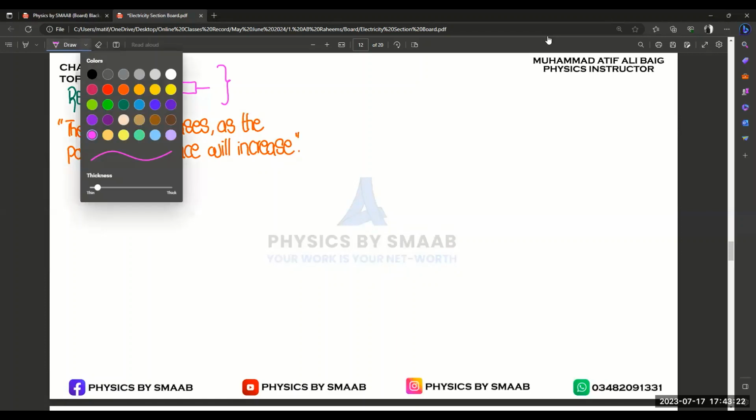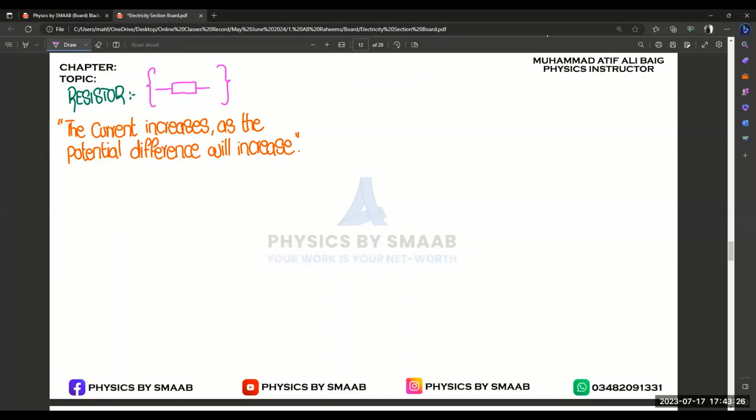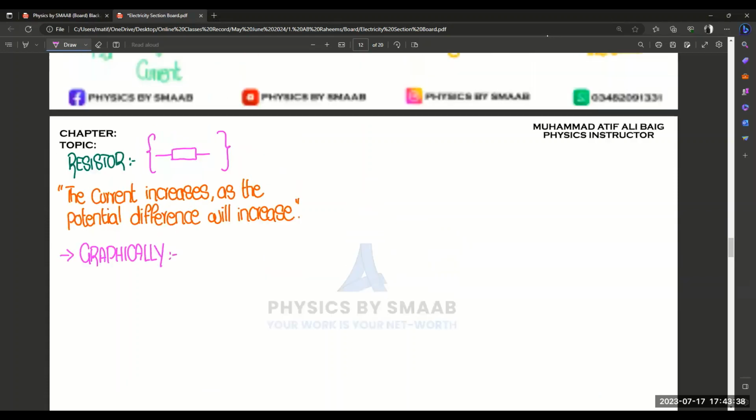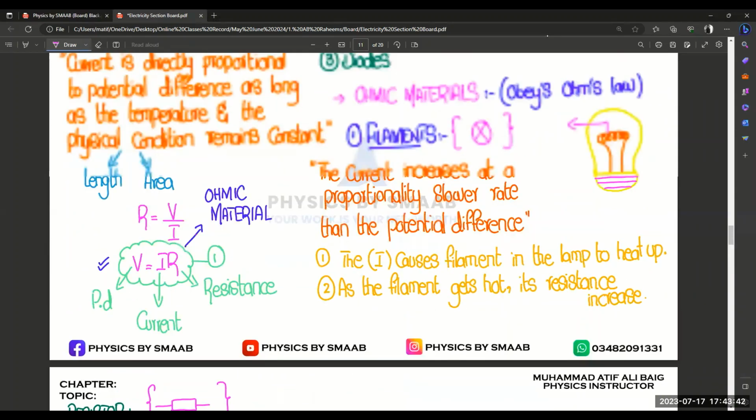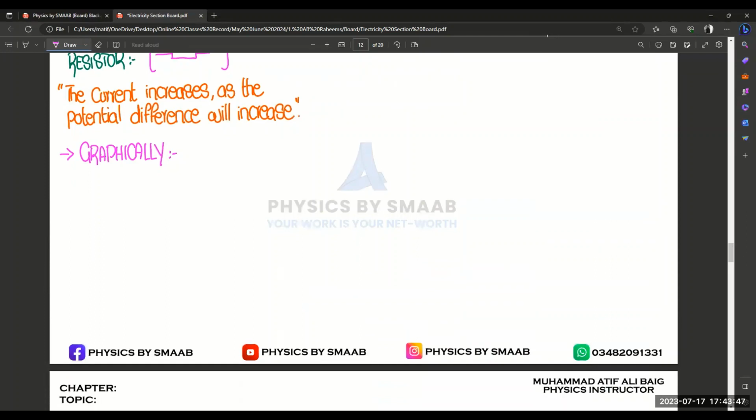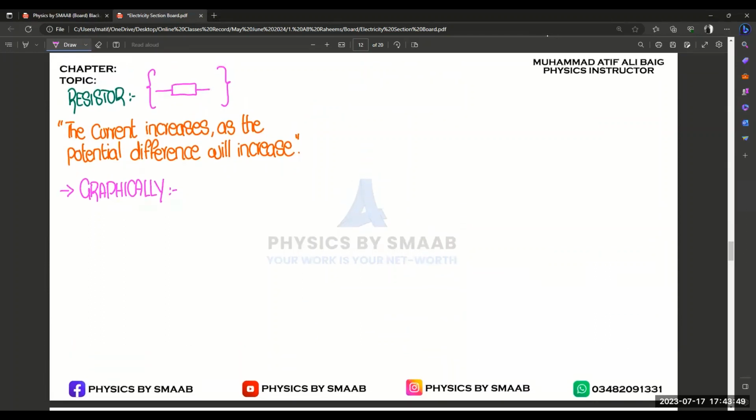And if we consider their graphical representation, we discussed two things. The first one is the resistor and the second one is the filament, right? So if you want to draw a graph for a resistor and a filament, we draw an x-axis and y-axis.